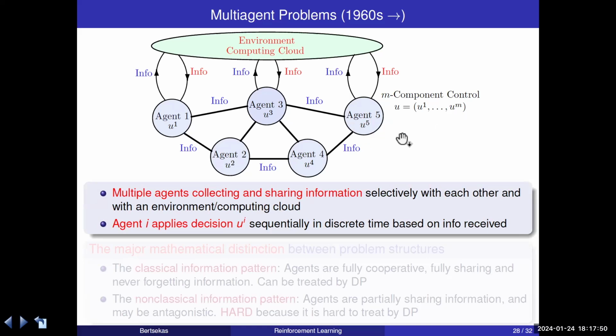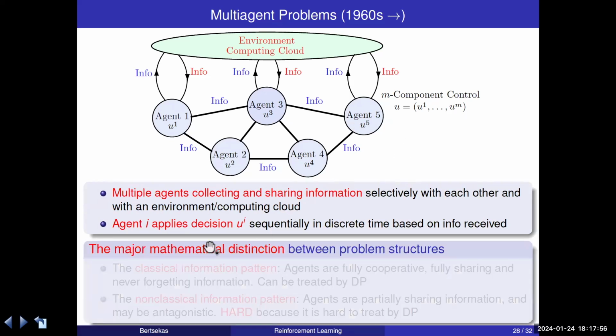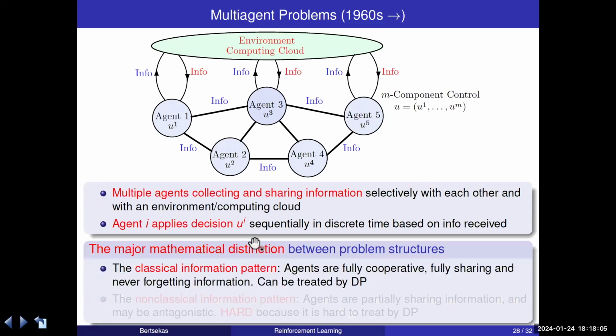Now, this is a difficult class of problems, but there is a major mathematical distinction that characterizes the difficulty of the different problems of this type. It has to do with information, how much information these agents have. There's the classical information pattern where the agents are fully cooperative.